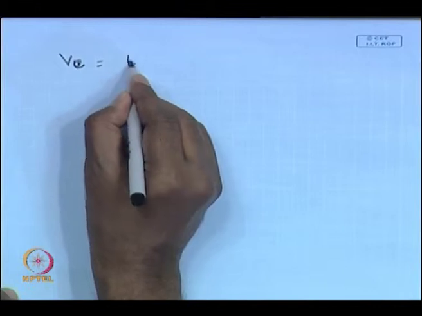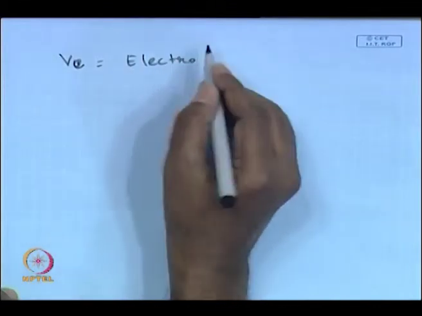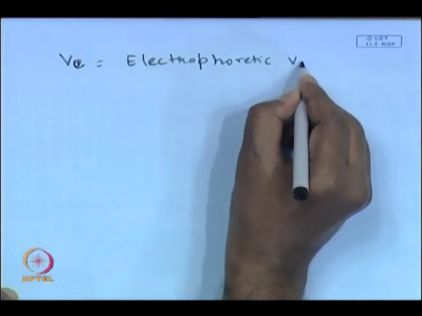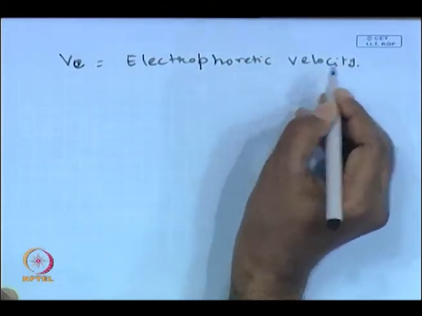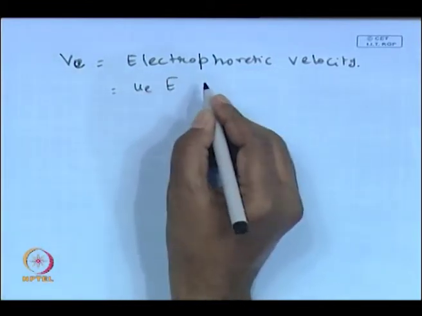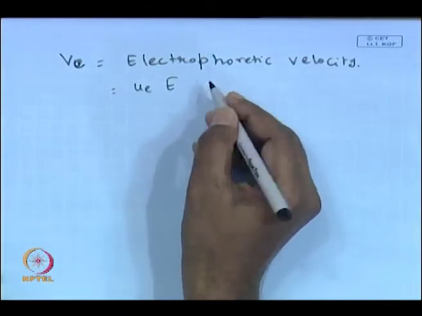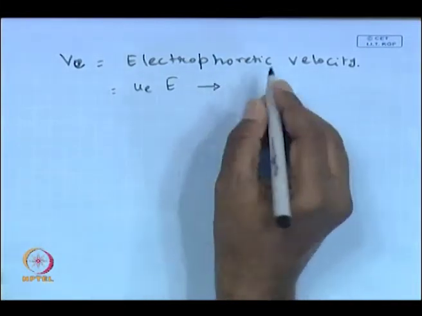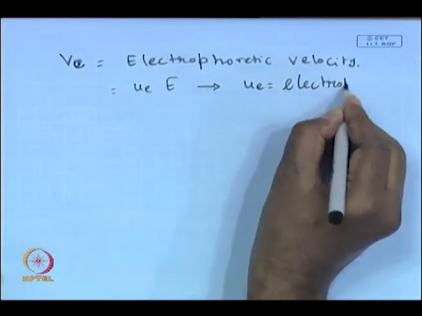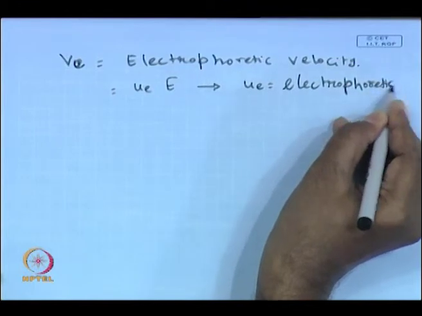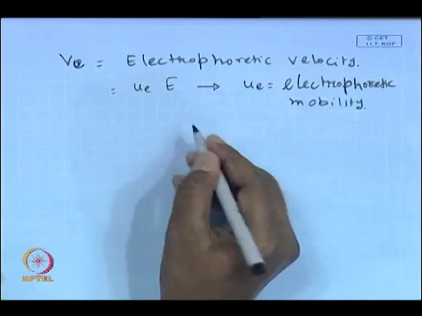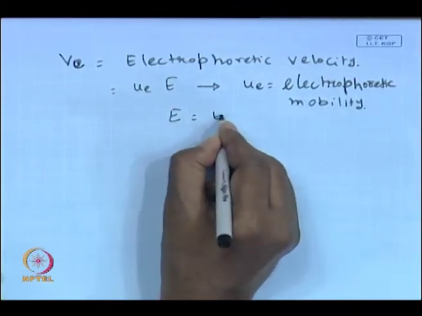V e becomes u e times E, where u e is nothing but the electrophoretic mobility and E is the electric field strength.